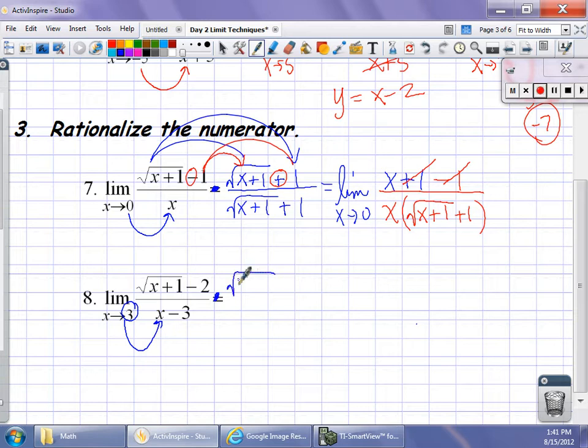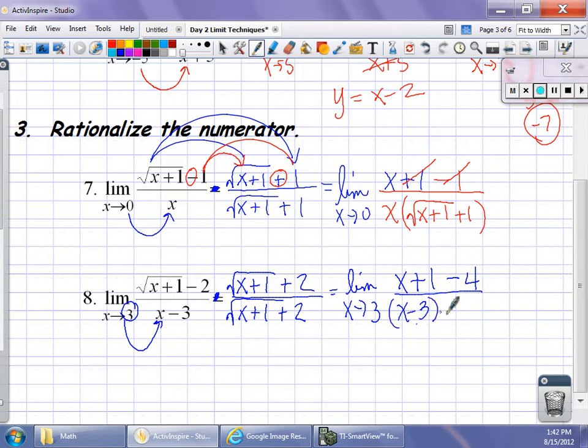In other words, the conjugate over itself, so square root of x plus 1 plus 2. Remember the conjugate, you change that sign. That will give me the limit as x approaches 3. Multiplying that out will give me x plus 1, the radicals will subtract, minus 4.